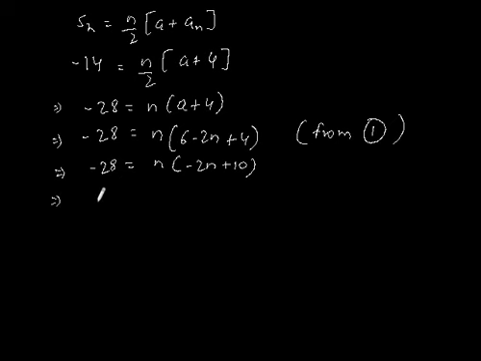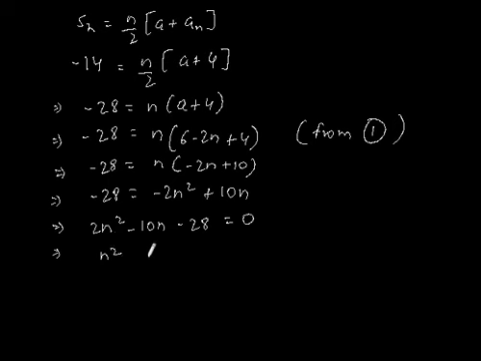This implies minus 28 is equal to minus 2n square plus 10n, which implies 2n square minus 10n minus 28 is equal to 0, which is also equal to n square minus 5n minus 14 is equal to 0.